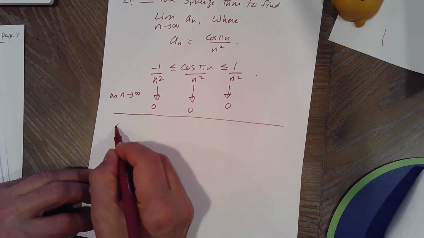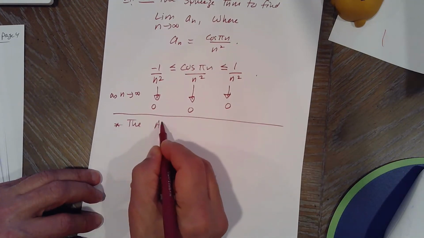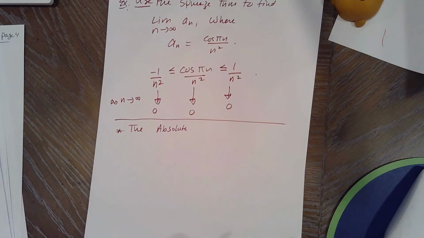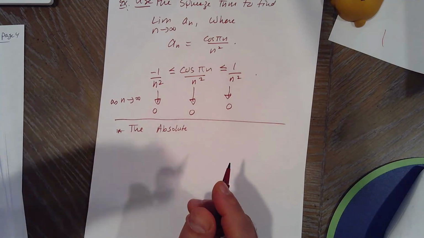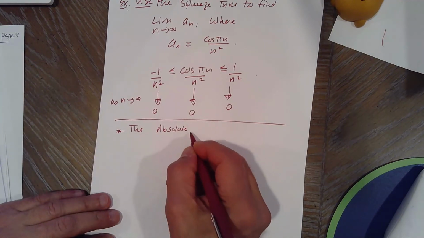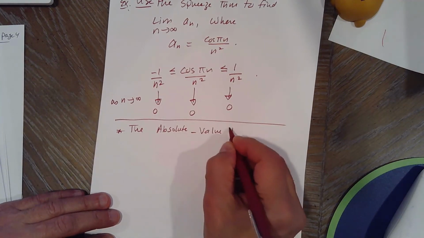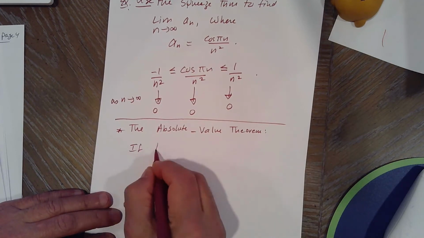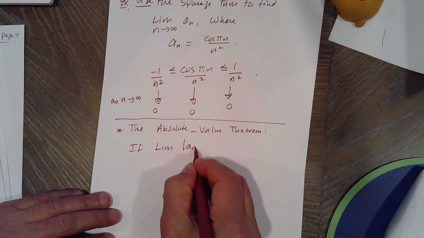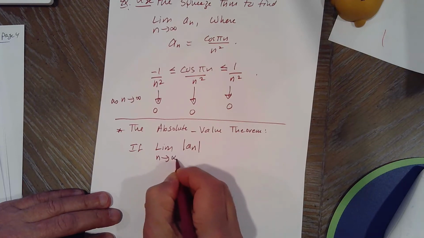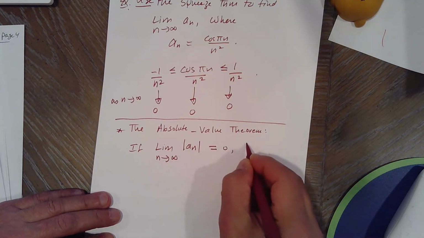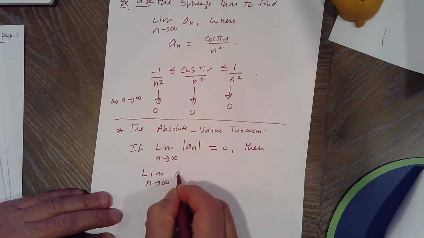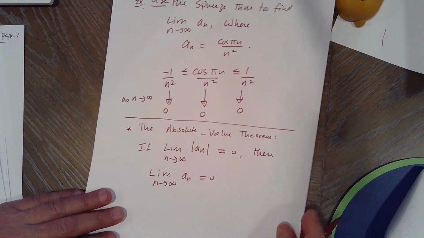Okay. Next, we're going to talk about the absolute value theorem. This is usually used with alternating sequences, like plus minus, and so on. If you do the limit of the absolute value of a_n as n goes to infinity and you get 0, then the limit as n goes to infinity of a_n is also 0.